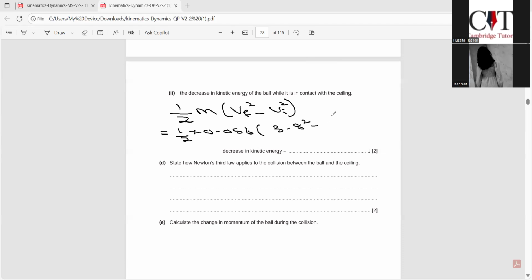This minus sign would come inside the bracket, so it will become positive. Actually, you already know that in kinetic energy we don't have the minus sign because it is a scalar quantity. So you have to ignore minus. It doesn't matter whether you do it like this or that, but the main thing is that you don't include minus in your energy because energy is a scalar quantity.